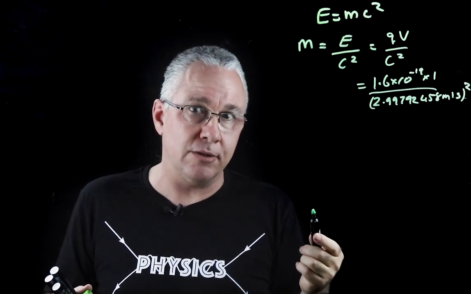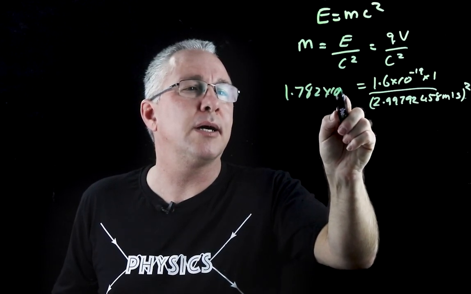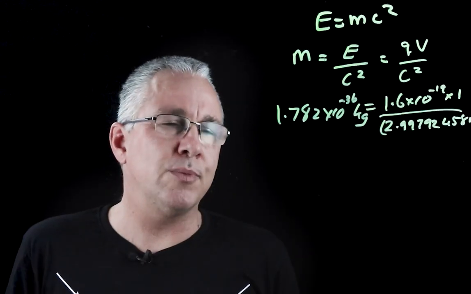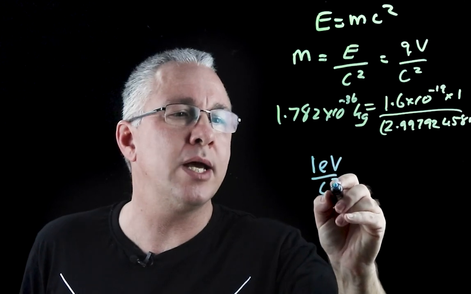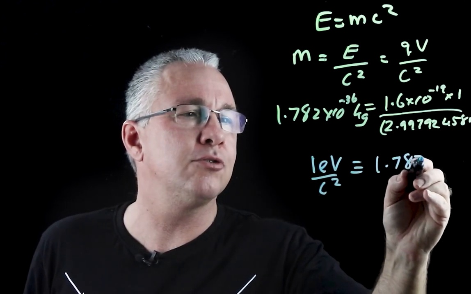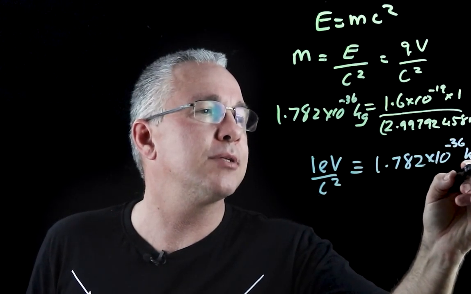Now, what is that value? It ends up being 1.782 by 10 to the power of negative 36 kilograms. So in other words, 1 electron volt per c squared is equivalent to 1.782 by 10 to the power of negative 36 kilograms.